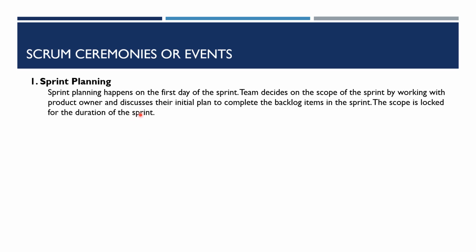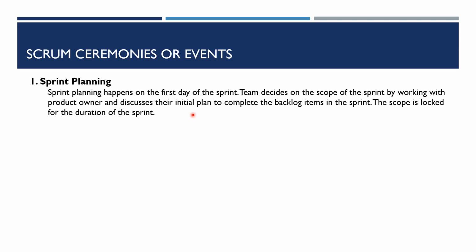Sprint planning is done on the first day of the sprint. This is where the team decides the scope of the sprint by working with the product owner, and they discuss their initial plan to complete the backlog items in the sprint. The scope is locked for the duration of the sprint. This happens in the first half of the first day of the sprint, where the team goes through all the stories in the order of priority decided by the product owner.